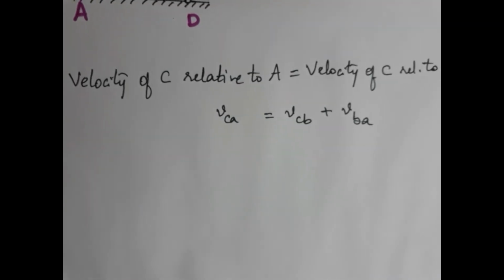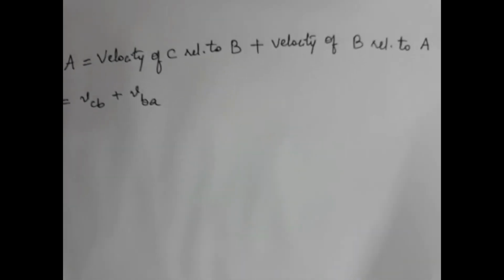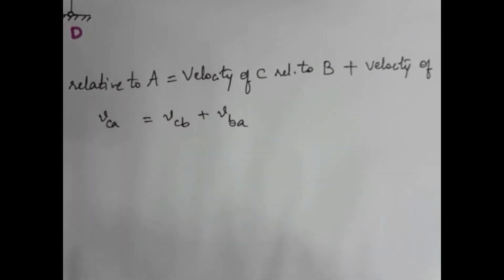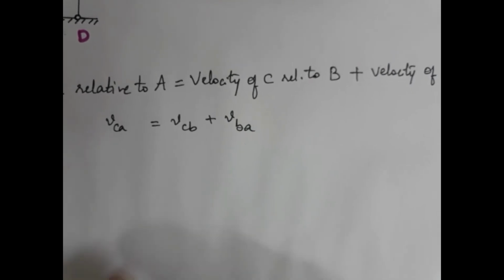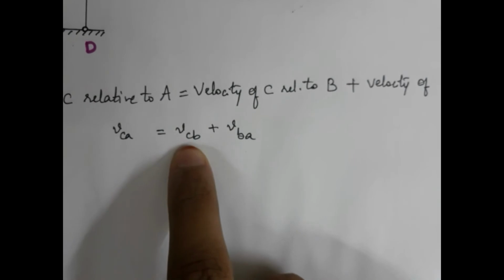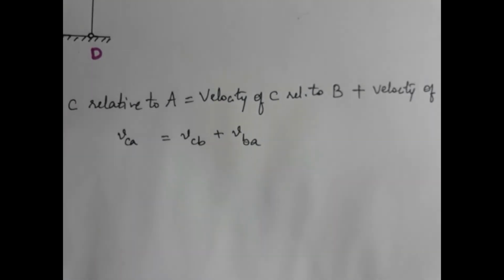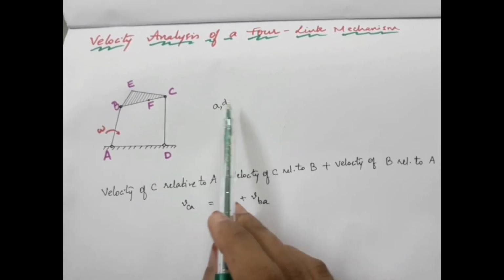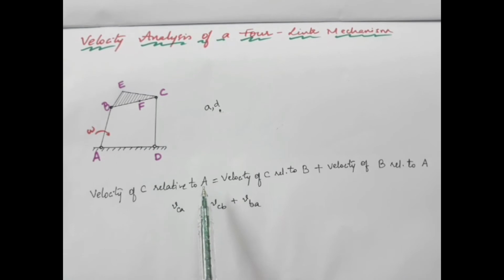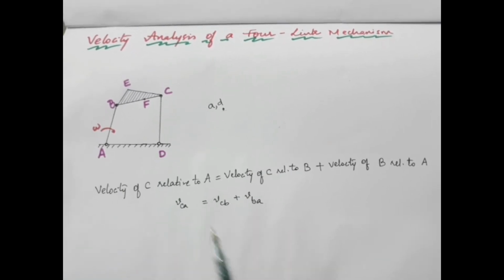So we have written the velocity of C relative to A as velocity of C relative to B plus velocity of B relative to A. If V is velocity, then this is the velocity of C with respect to A, this is the velocity of C with respect to B, and this is the velocity of B with respect to A. Since A and D represent the same point, velocity of C relative to A is nothing but velocity of C relative to D as well.